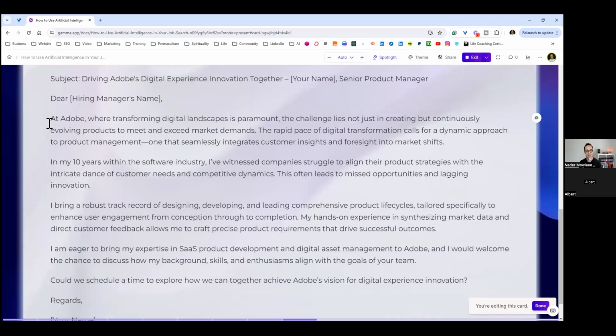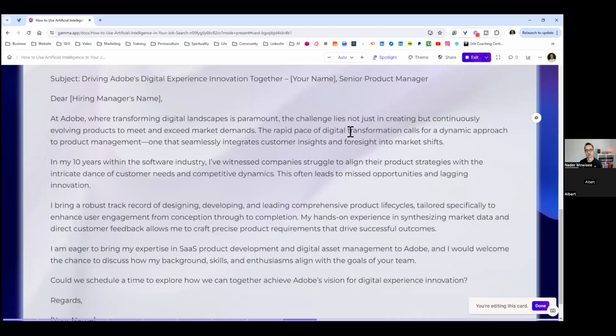All right. This is the PAS framework, the problem agitation solution framework. This is what makes your letter persuasive. Here's how it starts. This is the problem. At Adobe, where transforming digital landscapes is paramount, the challenge lies not just in creating, but continuously evolving products to meet and exceed market demands.